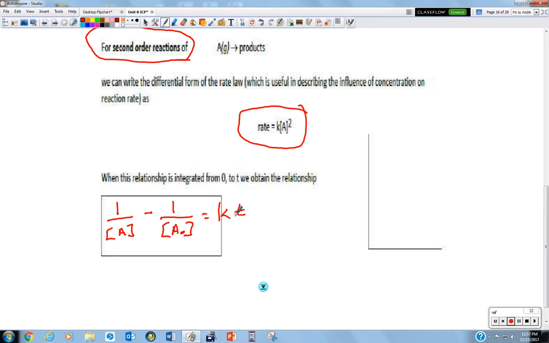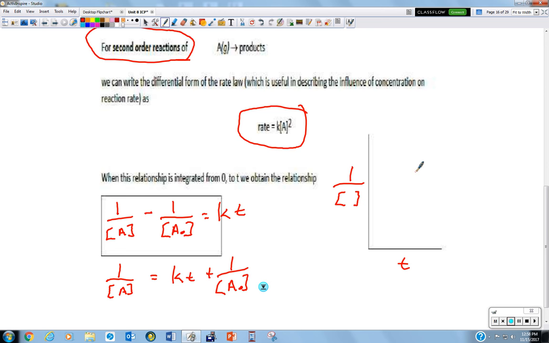All right, so on this one, just shifting it, you're going to have 1 over A equals kt plus 1 over A naught. So that means our x is time and our y is 1 over concentration.